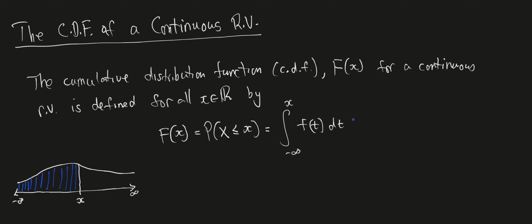Again, if we continue the analogy, what this integral represents is the area of the region to the left of my number x under my PDF. So this is the area to the left of my little x under the PDF.